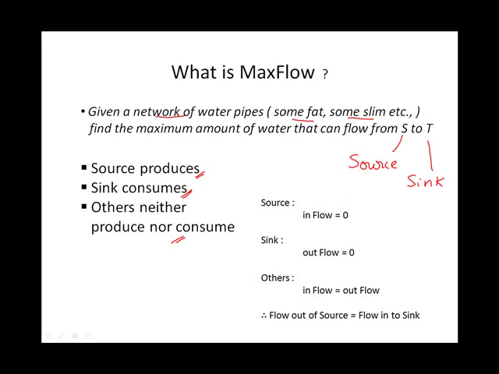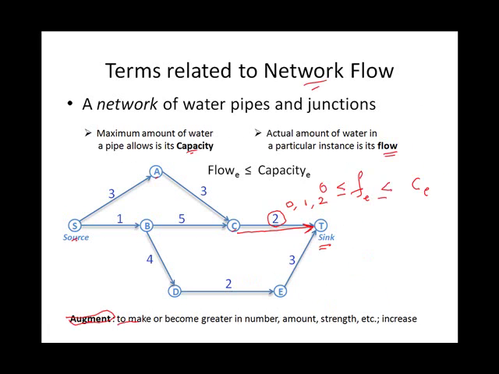So the amount of water which goes into the source is 0, and the amount of water which goes out of the sink is 0, and for all the other vertices, the amount of flow that comes into the vertex is equal to the amount of flow that goes out of that vertex. If you take a look at the previous graph, the flow only goes out of the source, and flow only comes into the sink, and for all the other vertices, whatever comes in just goes out of it.